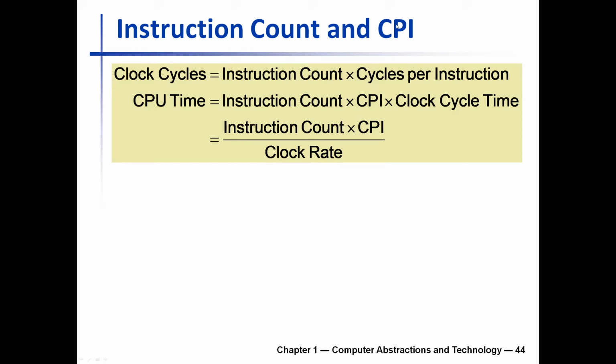This number, CPI, defined for a computer processor, is an average which depends on the program as well as the instruction set architecture and the hardware. So it's a rough measure.